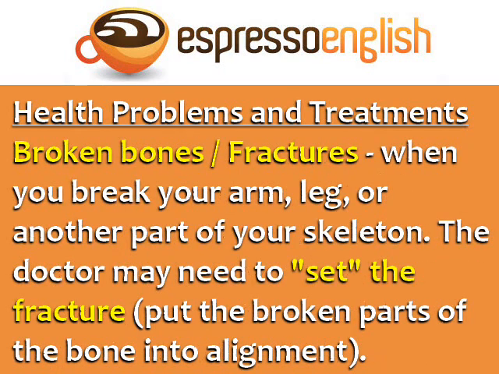Broken bones or fractures. When you break your arm, leg, or another part of your skeleton. Depending on the fracture, the doctor may need to set the fracture. That means put the broken parts of the bone into alignment.